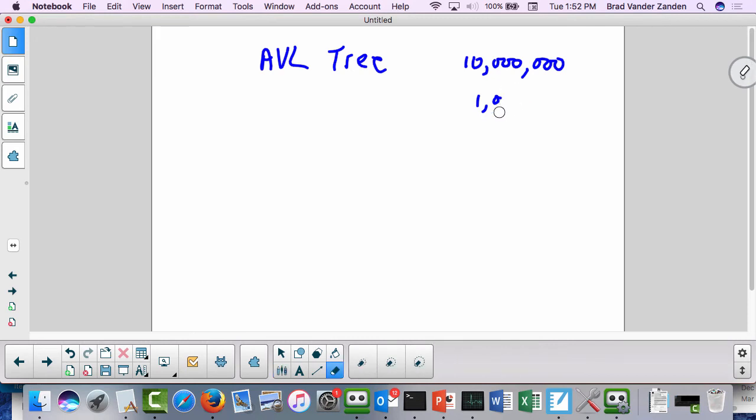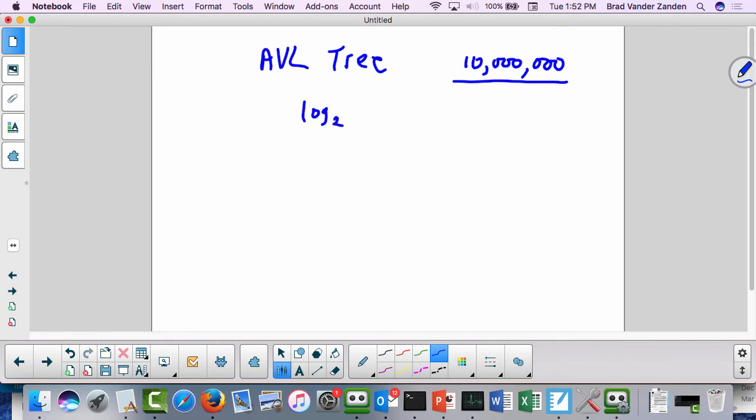Actually, the index itself has to store 10 million names. So you have 10 million names in your AVL tree, and log 2 of 10 million is roughly the depth of your tree. And I think that's roughly 24, something like that, 24, 25. If I'm wrong, someone can tell me. But I think your tree is roughly 24 or 25 levels deep.